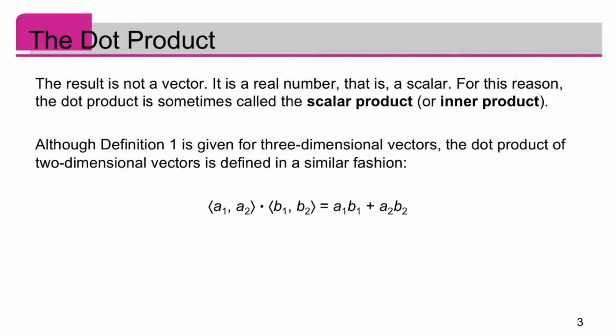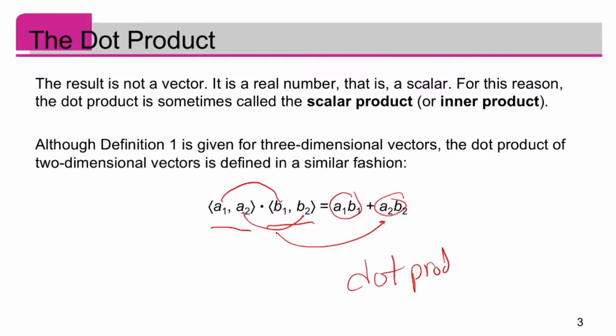If you have your two vectors here, you multiply these components together, and then you multiply these components together. What you get when you multiply two vectors in this way is a scalar, a number. So a dot product always ends up being a scalar. By scalar, we mean a number, not a vector.